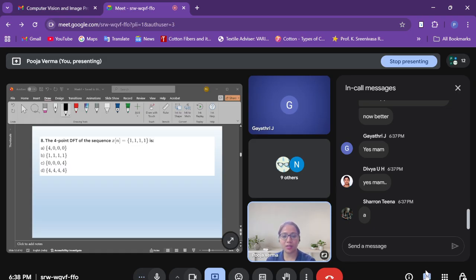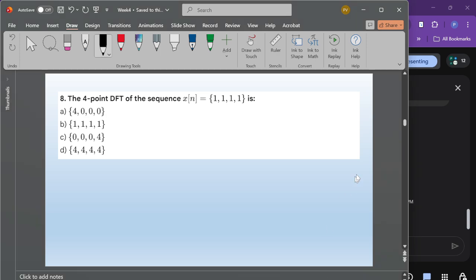Okay, so let's see. I will let you know the formula for the N-point DFT, then we can derive the 4-point DFT from the given sequence.